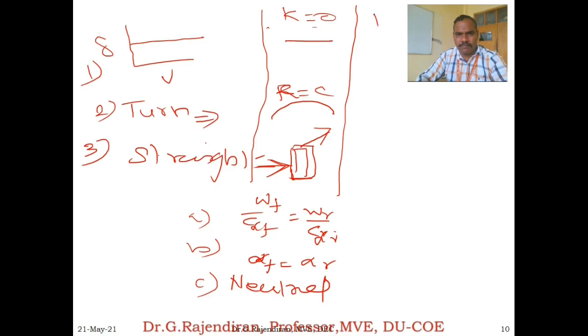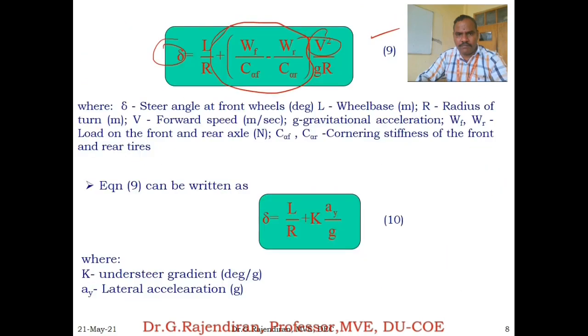When K is greater than 0, from this equation 9, K greater than 0 means what? This term is greater than 0, which is higher, which is lower. WF divided by C alpha F is greater than WR divided by C alpha R. Then only K will be positive.